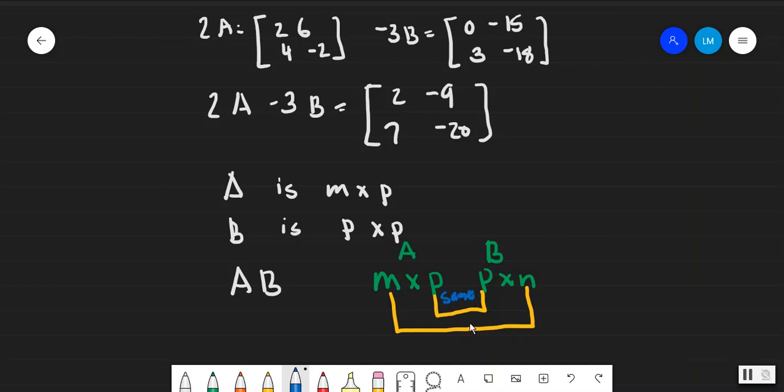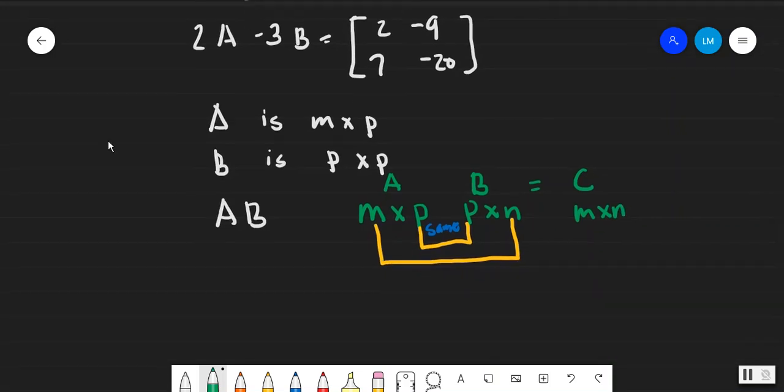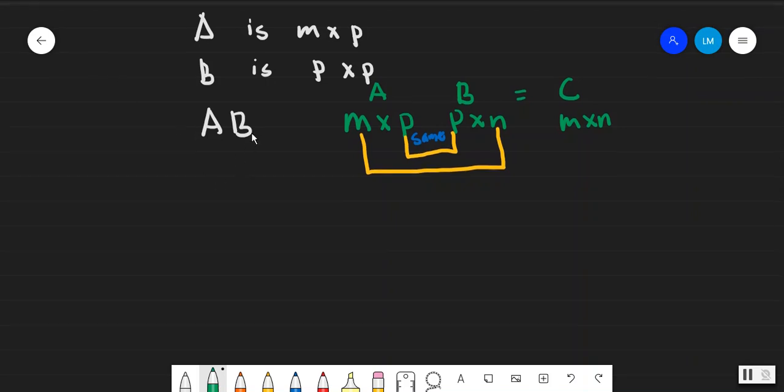Okay, so in this case, this is going to yield a matrix that you can call C, and that new matrix is going to be of dimensions m by n. But this doesn't really answer how you get from A times B to C, which is m by n.